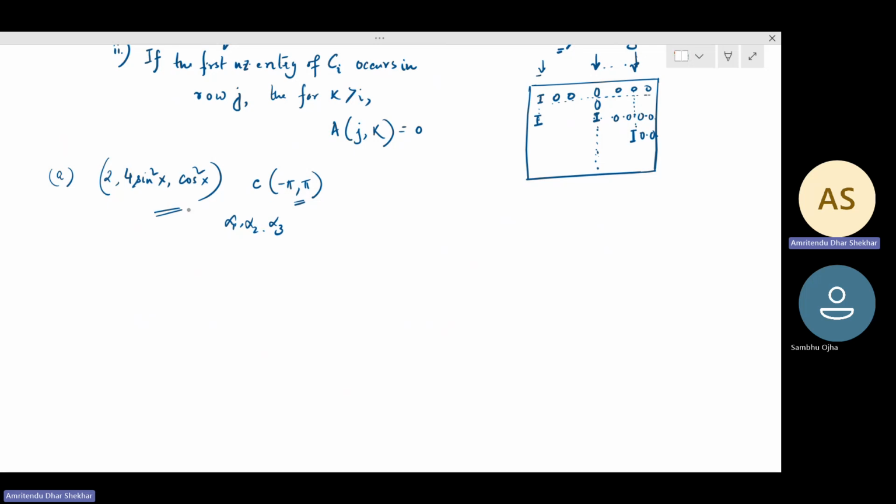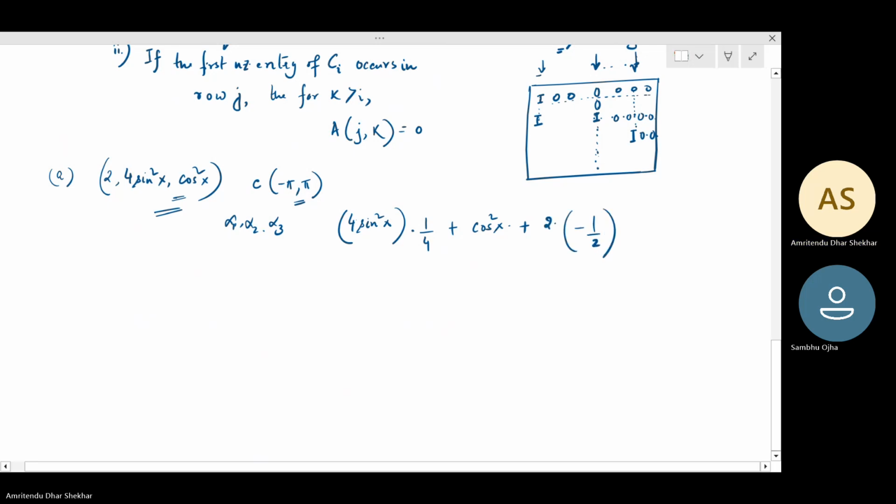In this case, it is very easy to see, because you have 4 sine squared x. If you multiply this with 1 by 4, and you add cos square x, and you have 2 multiplied with minus half, then you see that this is equal to 0.